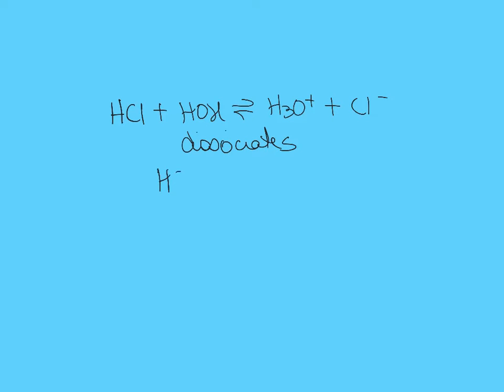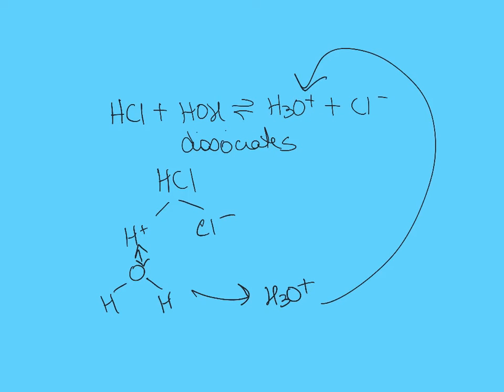Literally, the HCl breaks up into H plus and Cl minus, but the water, being very polar, quickly jumps up here and grabs this to become H3O positive, okay, which is where this comes from. This doesn't want to hang around in solution by itself. It's just too positive, it's too reactive.